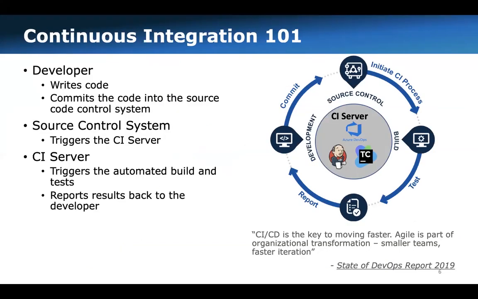So if we look at continuous integration, or CI, basically the concept is the developers are going to write code. They commit the code into a source control system. This could be Git, GitHub, ADO, anything like that. Then that triggers off the CI server. The source control says, hey, a developer's checking in code, and they either do it on every event or maybe on a timed event every 10 minutes or every hour, and they start compiling the code.